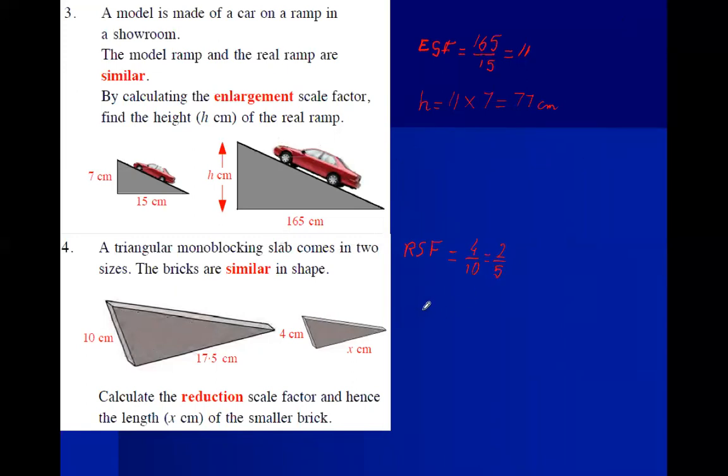Now, X is just 17.5 times 2 divided by 5.